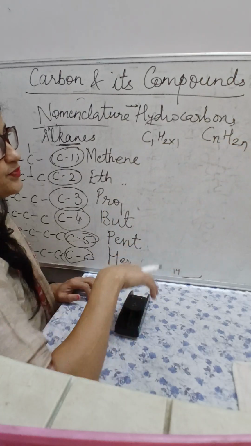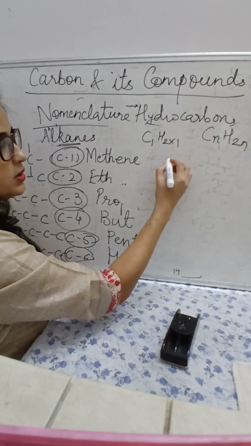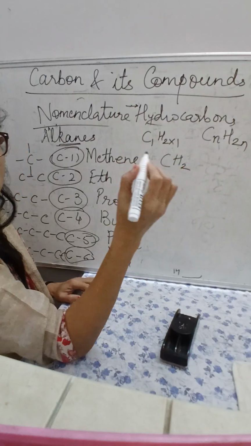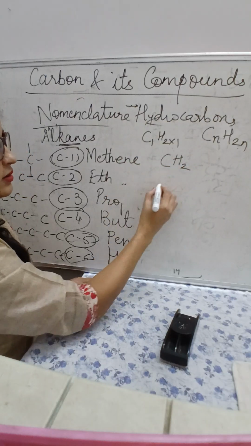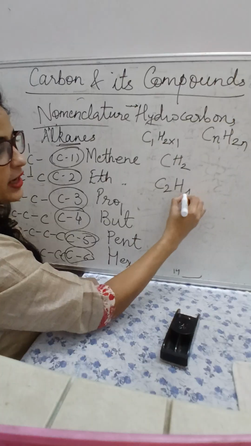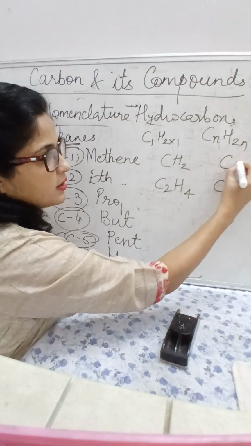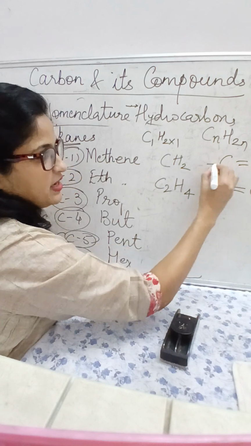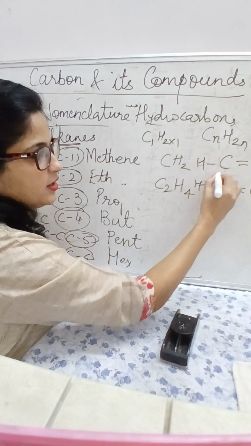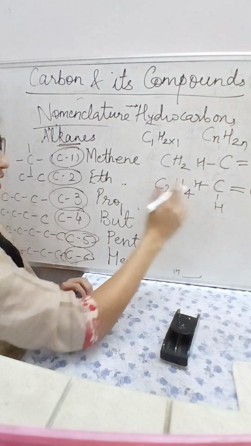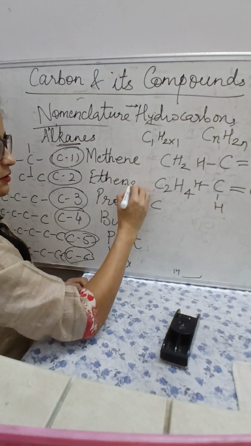CnH2n. This is going to be CH2. Then this will become C2H4 because there is a double bond between the carbon atoms and we have two hydrogens on each. So this becomes C2H4, ethene.